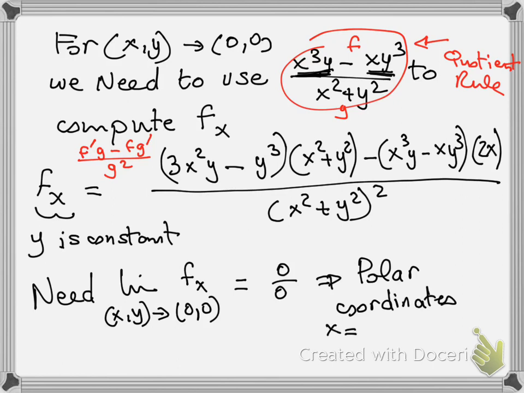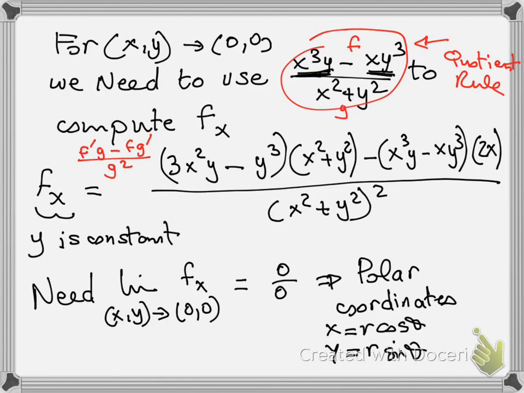So my x is r cosine of theta and y is r sine of theta. Okay, so let's compute this. So x, y approaching 0 at the origin means the radius is approaching 0. So that's the limit as r goes to 0 of.